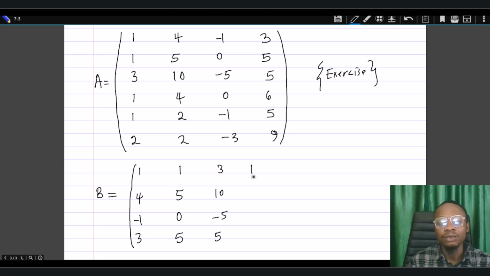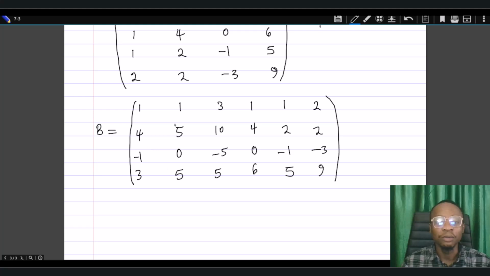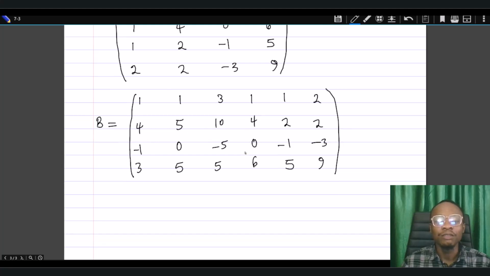This is 1, 4, 0, and 6. Then 1, 2, -1, and 5. And then 2, 2, -3, and 9. So that is what we have when we arrange them in columns to form the columns of a matrix.